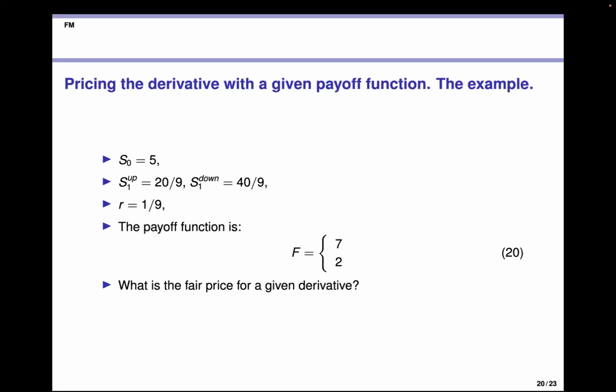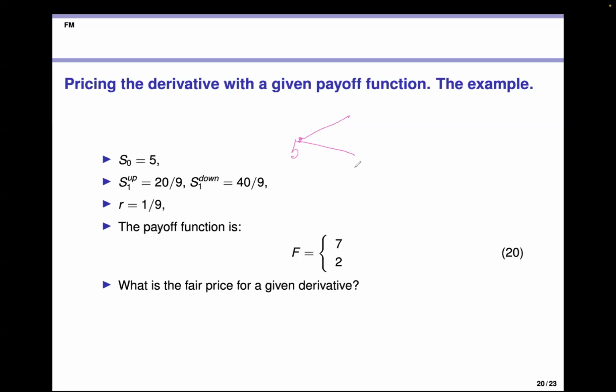Okay. So we have some time, and we can solve the other example. So stocks: we have that S0 is 5 at the initial moment t equals 0.